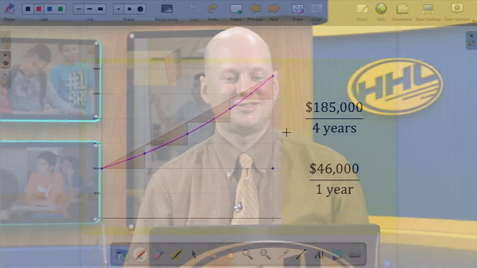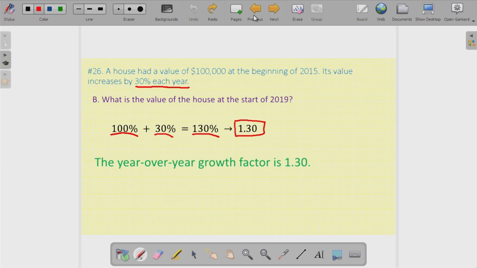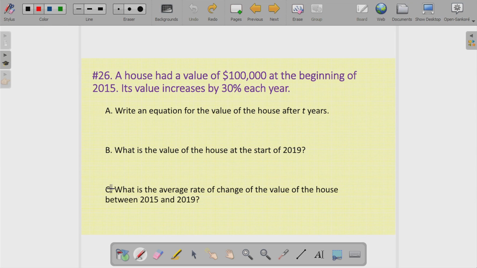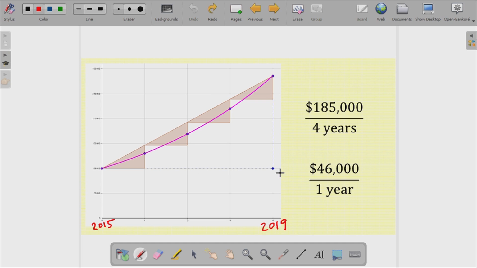Let's see, in part C, students are asked to look at the average rate of change over that 4-year time period. So here we have the year 2015, and then 4 years later, it's 2019. And just to highlight the question stem once again, what is the average rate of change of the value of that house between those 2 years? Well, let's take a look.